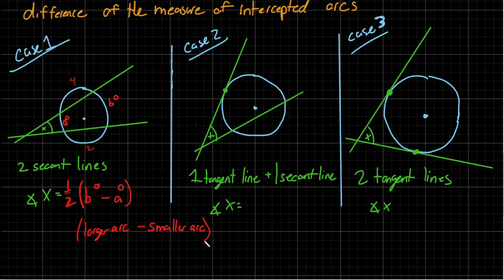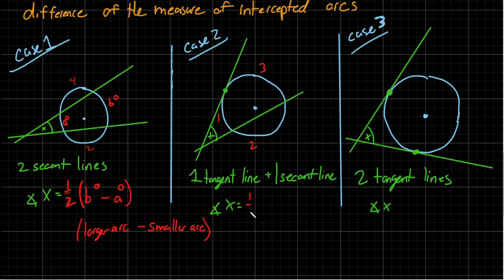So again, case 3, how many arcs do I have? Yeah, you got 3. Well, on case 2, how many arcs do we have? We have 3. Okay. Which 2 are they intersecting? 1 and 3. Yep, they're both inside the angle.